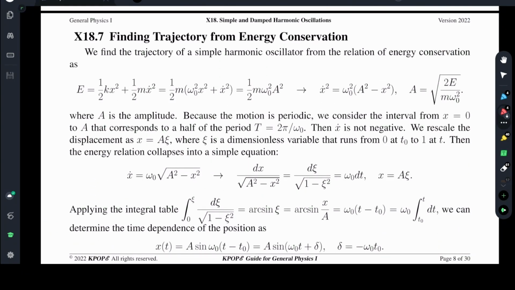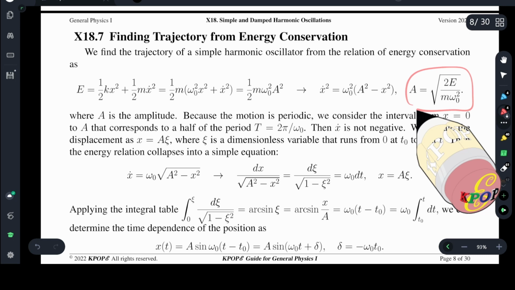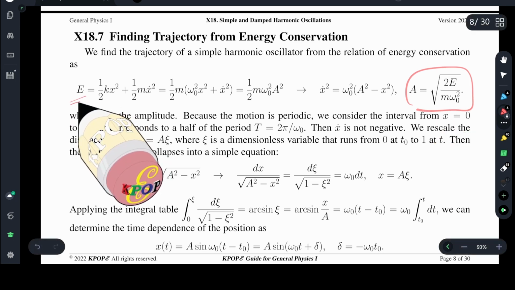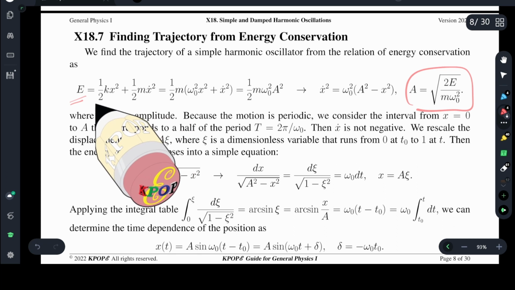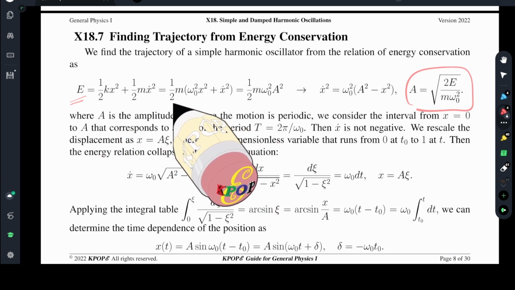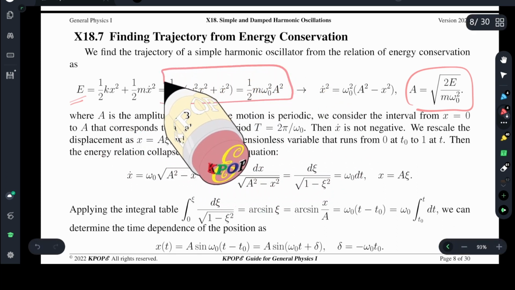I have corrected a typo in here. Total mechanical energy is conserved, and this expression shows we make use of this one.